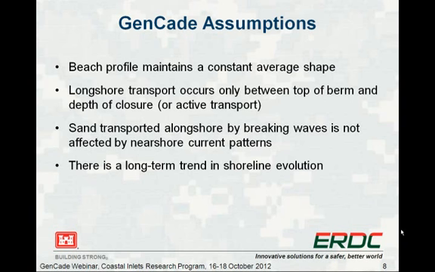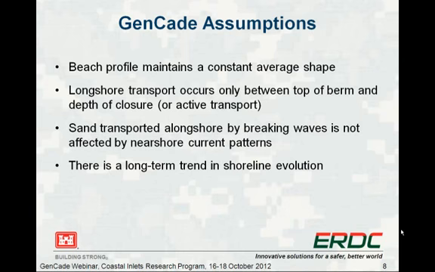The second assumption is that longshore transport occurs only between the top of the berm and the depth of closure. So this is our active transport. This restricts the profile movement between these limits, and this is the simplest way to specify the perimeter of the beach cross-sectional area, which changes in volume from the shoreline can be computed.